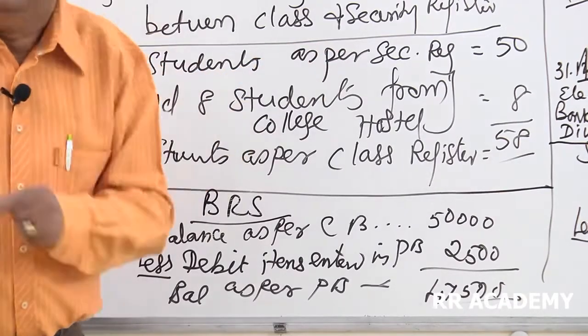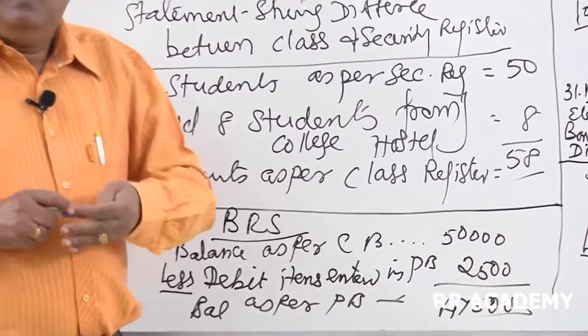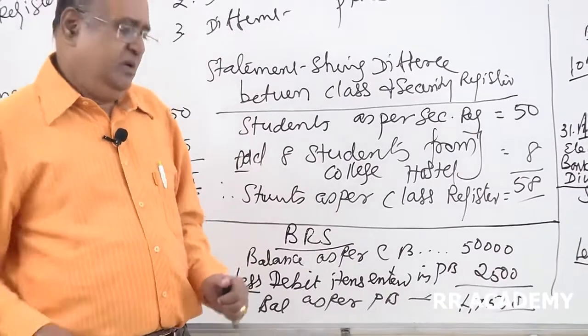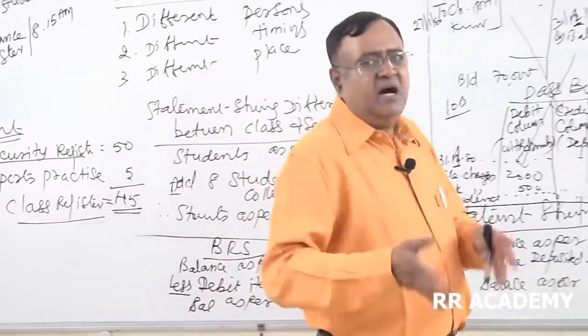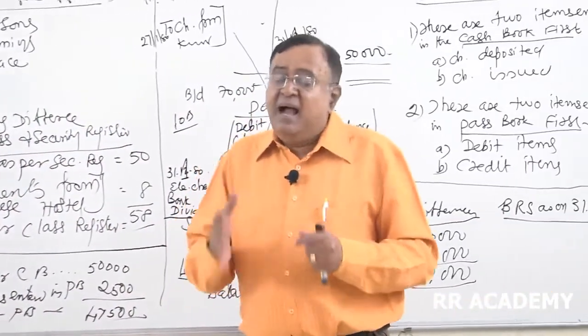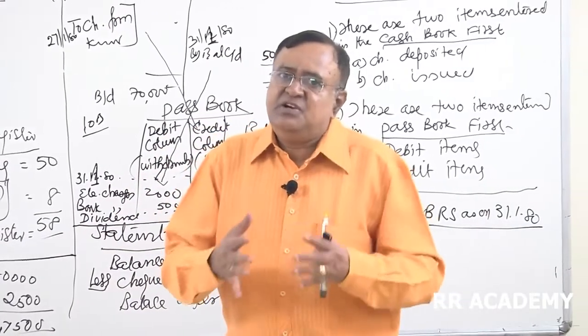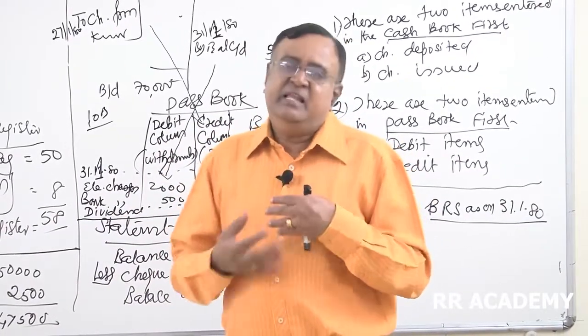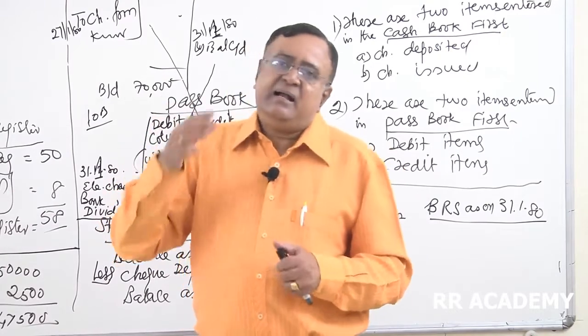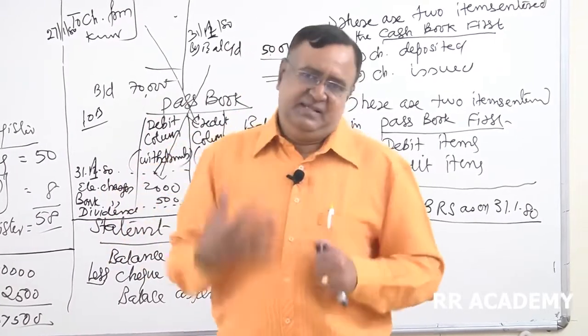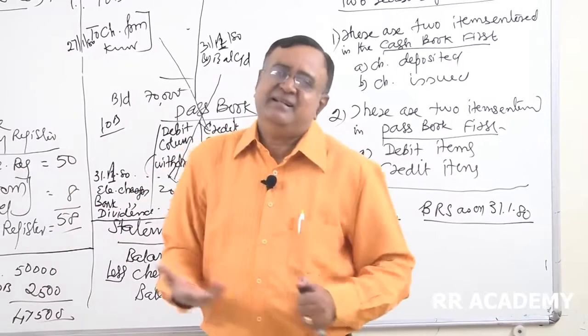Based on our instructions, the bank will deduct some amount. See, the bank is our agent. The bank does certain functions on behalf of us. That is why we call the bank an agent of ours. They function as an agent.